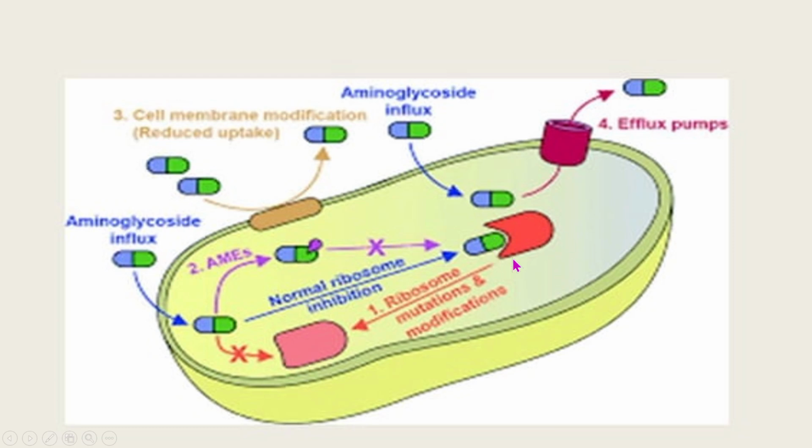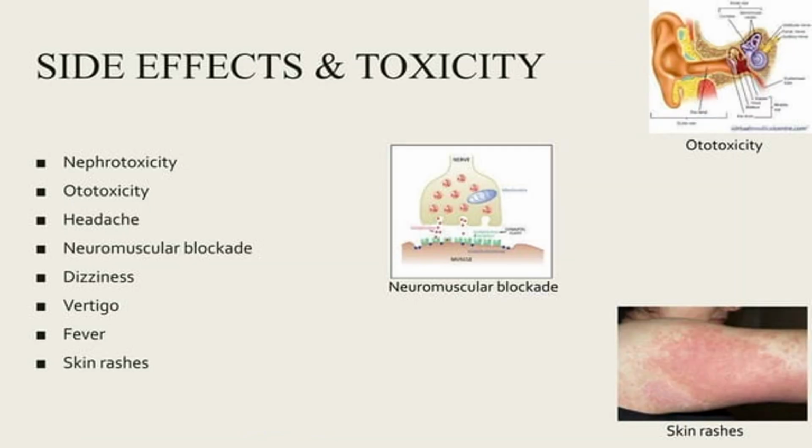Due to these changes, there is a change in the permeability of the cell. Due to this, the formation of a nonsense protein takes place, which is not required for the normal bacterial cell, which will inhibit the normal growth of that bacteria, and ultimately the cell will die.